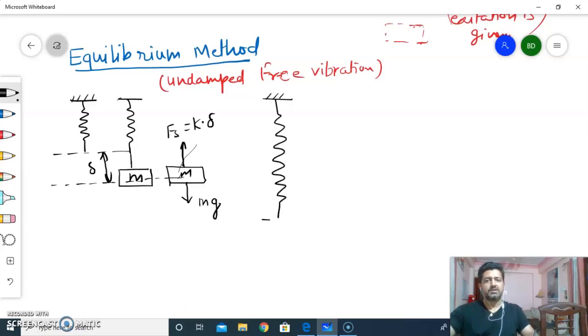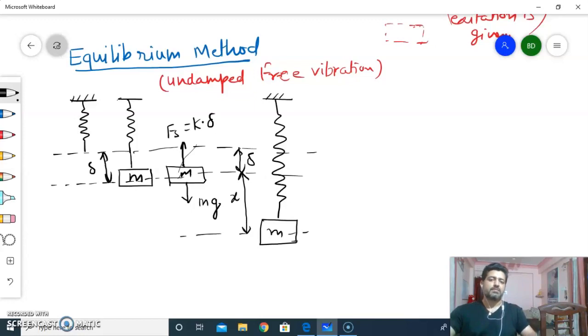Now initial excitation is given, and we reach this position, right? So there will be an initial deflection, delta, because of the mass m, and because of the initial excitation there will again be a deflection x.